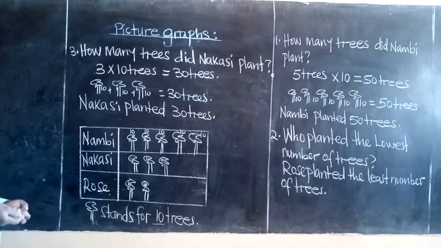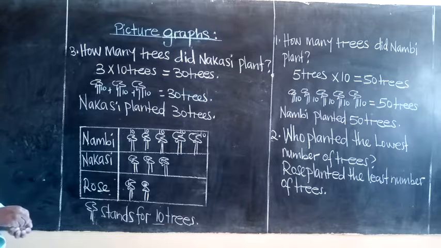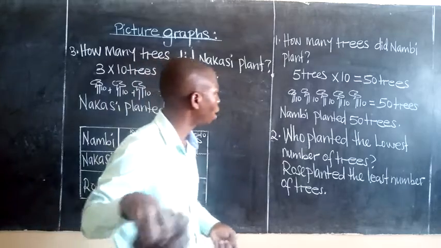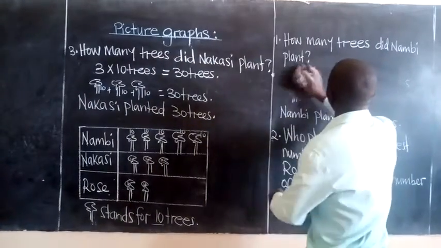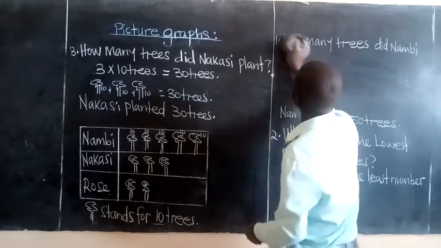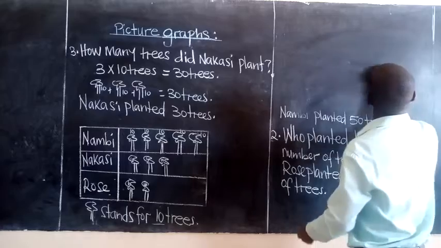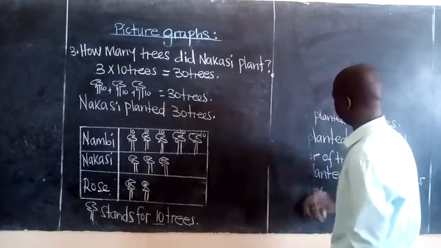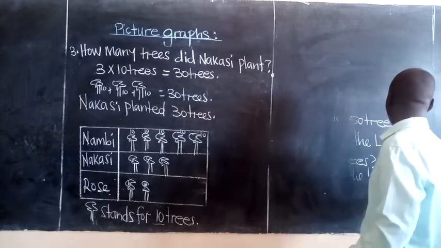Still, they may raise another question and say, how many more trees were planted by Nakasi than Rose? They can still raise another question from there.